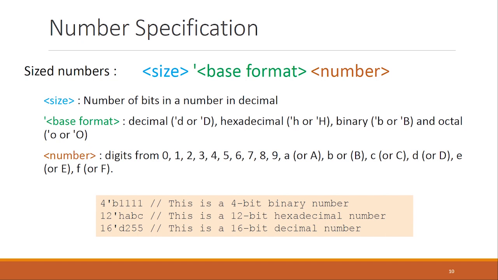If you are going to specify a sized number in Verilog, this is the syntax that you have to use. You first have to specify the size of the number and then apostrophe sign and then base format, and finally the actual number that you need to insert or specify. Now this size is the number of bits in a number in decimal.